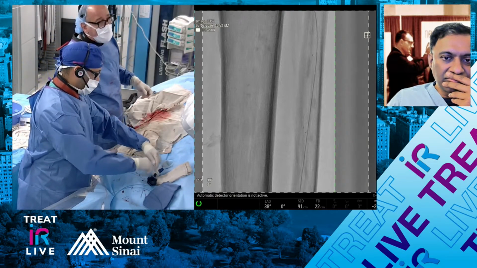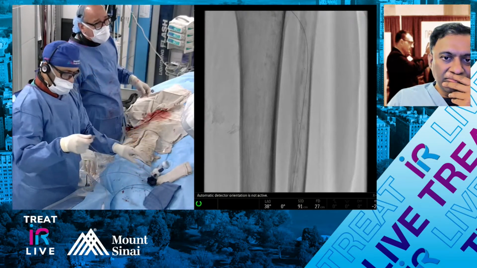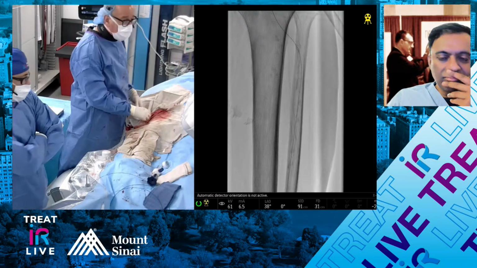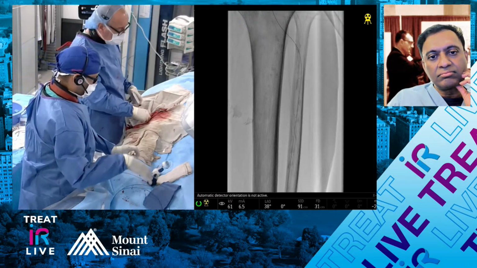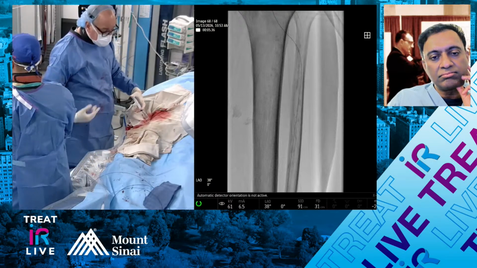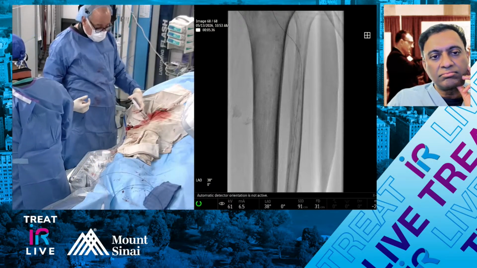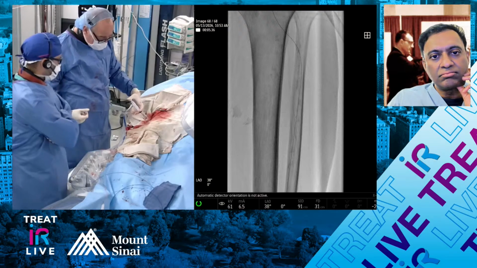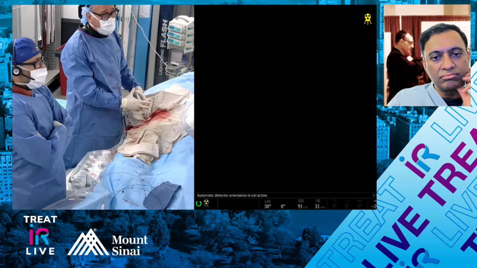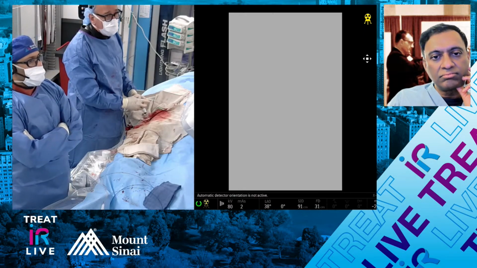But we do duplex without question. We want to make sure there's no focal stenosis that we're going to see on duplex. Almost all these patients, and I expect this patient afterwards, will have a palpable DP pulse, which you can follow up very inexpensively in the office, which is a great option.